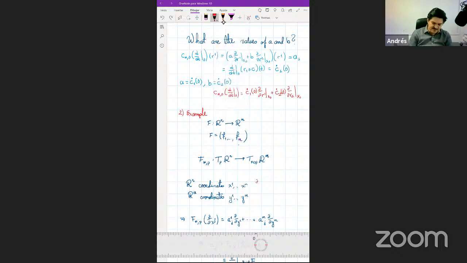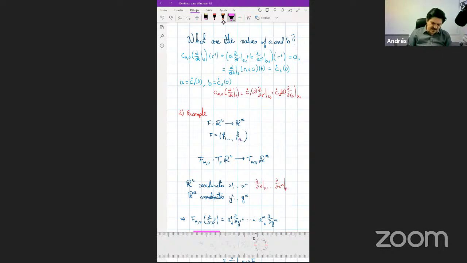You know that these vectors here form a basis of the tangent space at P. So I take one of them, and I know that the image is going to lie here. I also know what is a basis there.